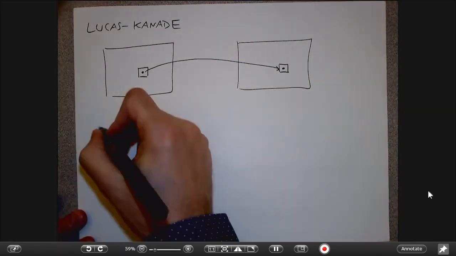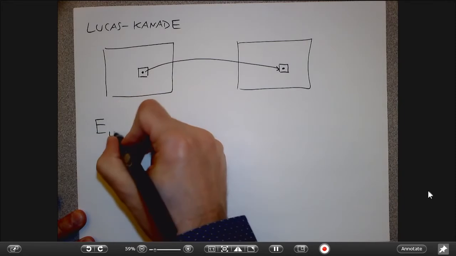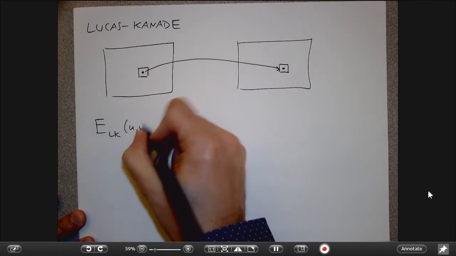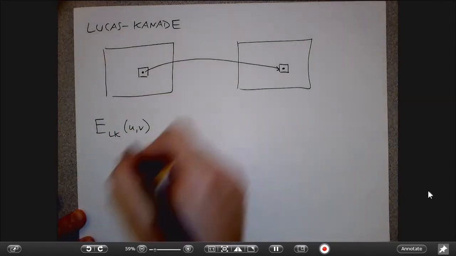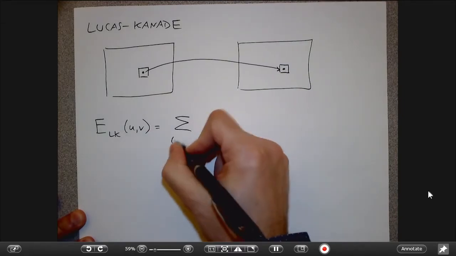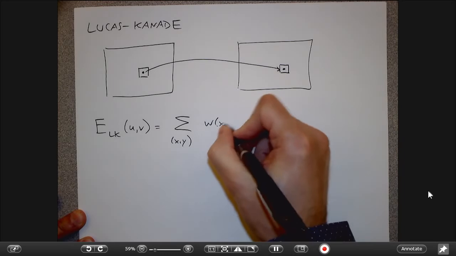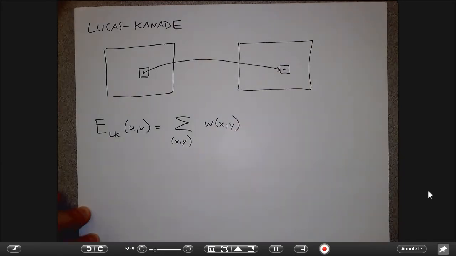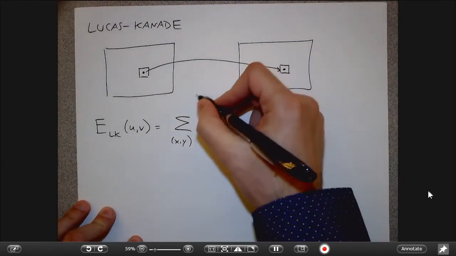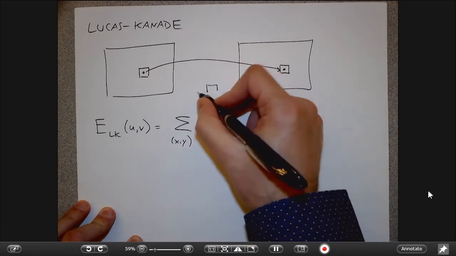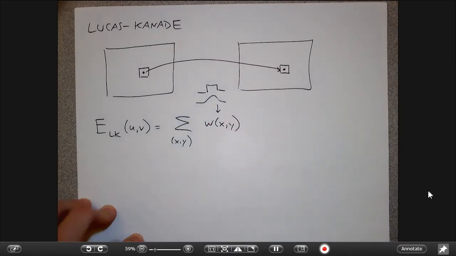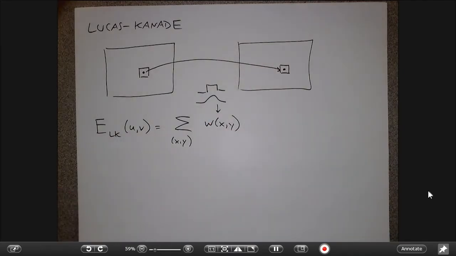And so what I could do is make an energy term that looks like this, where for every point xy, I draw a window or a box around xy. This could either be a box filter in 2D, or it could be a Gaussian like we were using for SIFT and stuff like that, where I'm weighting the pixels unevenly.